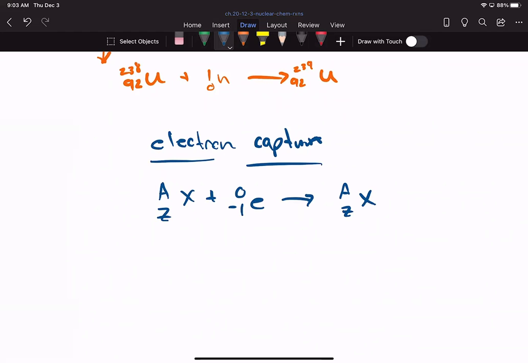So if I were to give you, let's say, iodine 125 plus an electron, I'm not adding any mass to it, so the mass is the same: 125 plus 0 is still 125. And the atomic number of iodine, I'm sorry, should be 53.